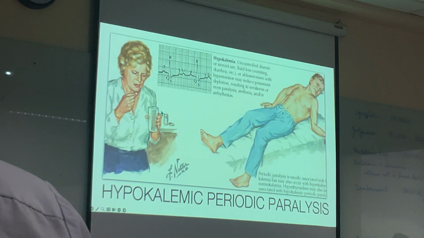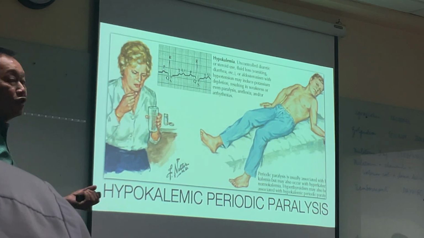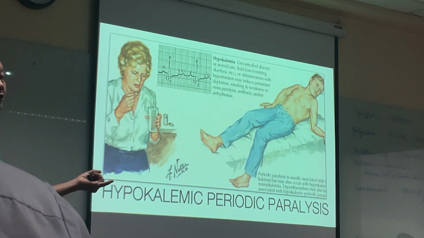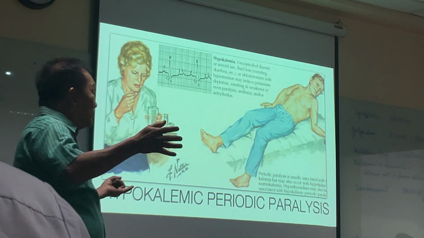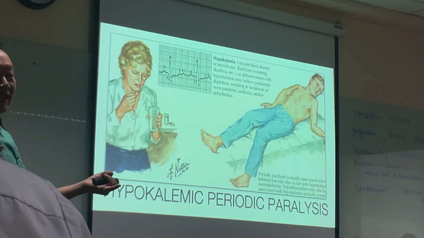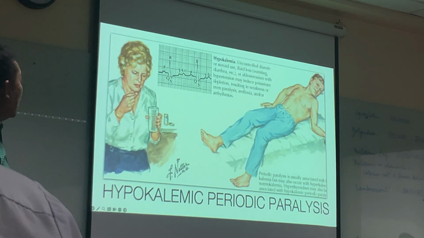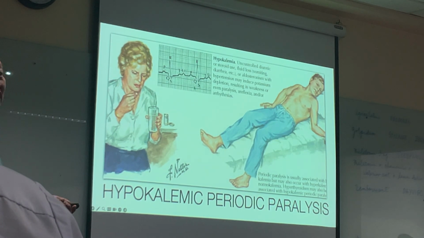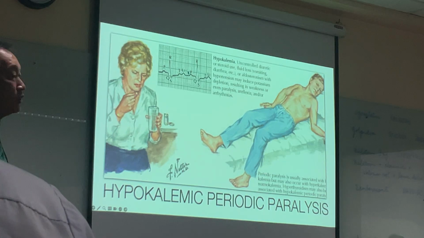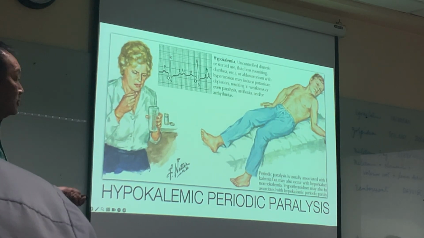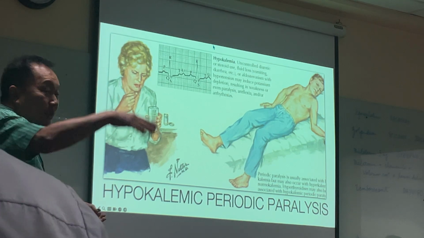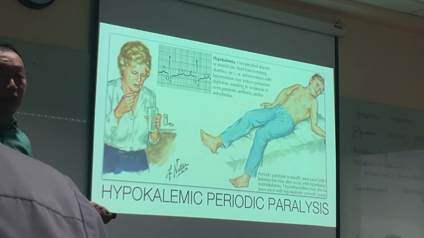Hypokalemic periodic paralysis. Diagnosis, serum potassium. More often than not, the serum potassium is normal, okay, or a little low. But you start worrying when the serum potassium is below 2. Okay. Actually, 2, plus or minus 3 points.